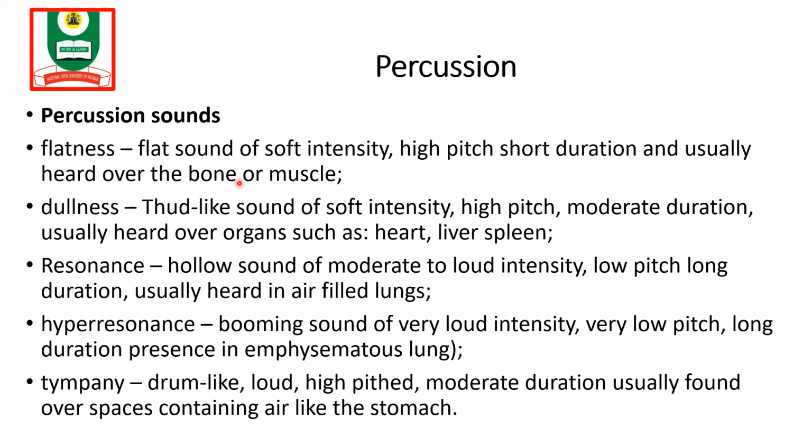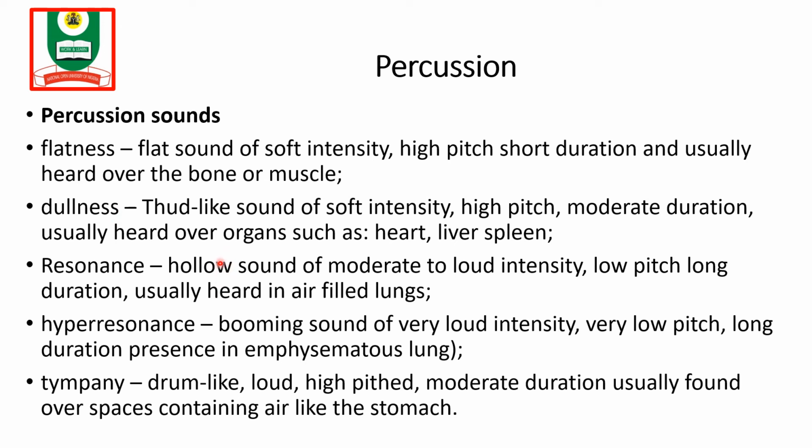This flat sound can be generated from a bone or muscle, and a flat sound over bone or muscle is the normal sound. But when the sound is not flat, maybe it's dull or resonant, you know there is a problem over the bone or muscle of that area. The second sound is dullness, which is a dull sound.